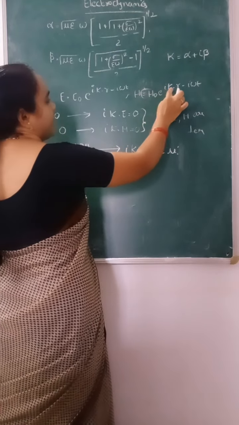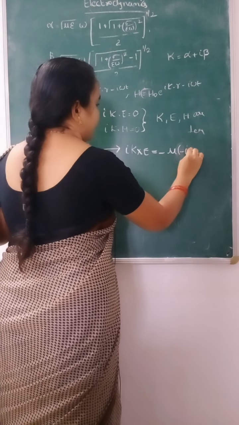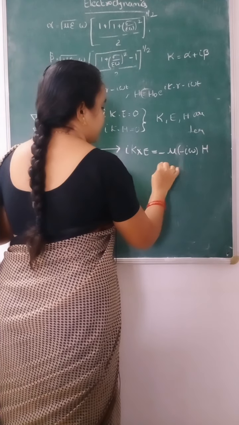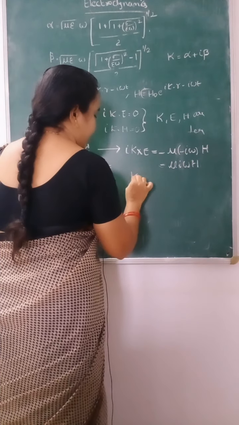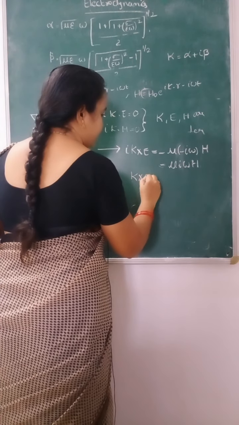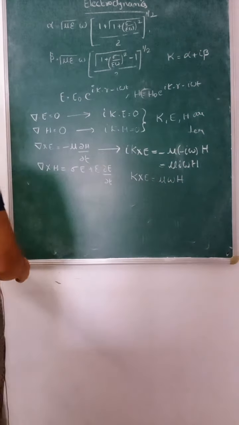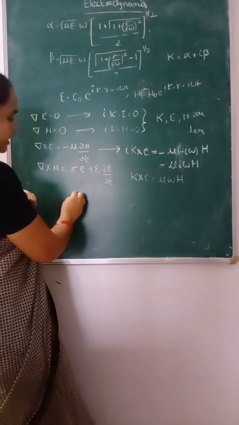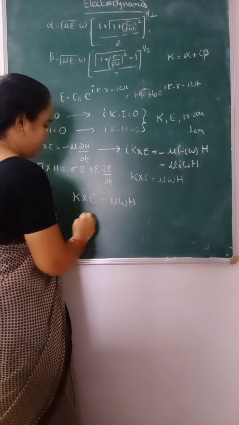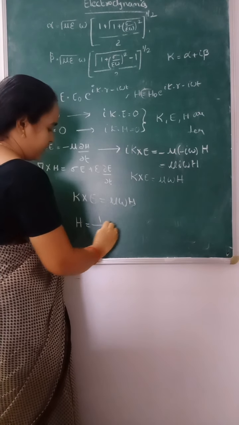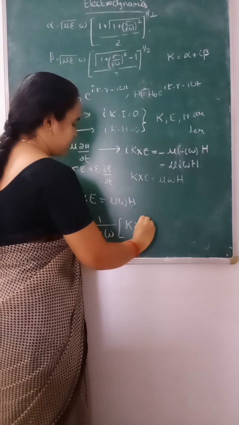H naught e power i (k dot r minus omega t), that is minus i omega into H, that is mu i omega H. K cross E is equal to mu omega into H. Then what is the value of H? H is equal to 1 by mu omega, K cross E.